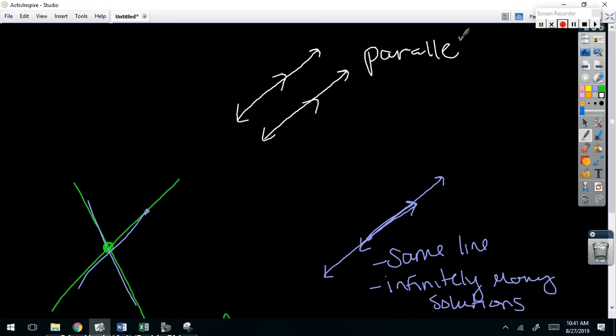It means they have no solution. They have no points in common, and they never will have any points in common. No solution. Which is what we call an inconsistent system.